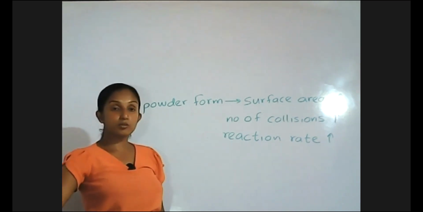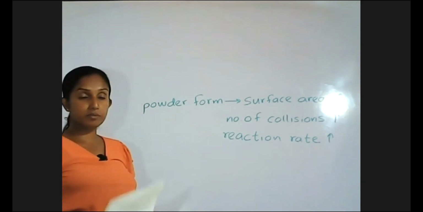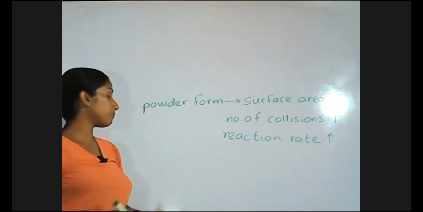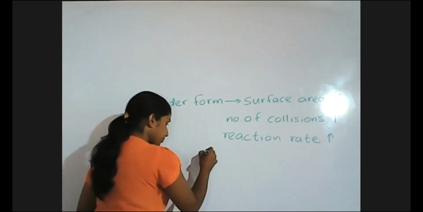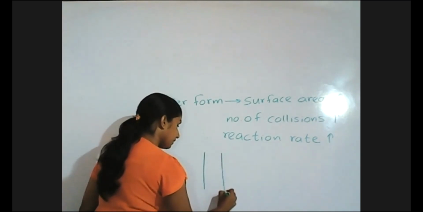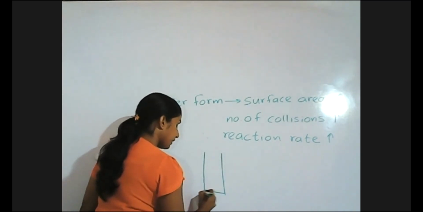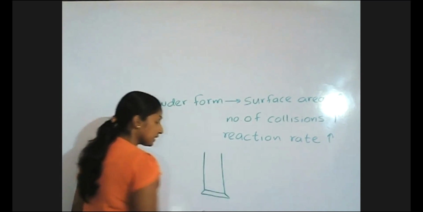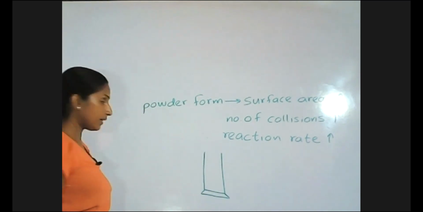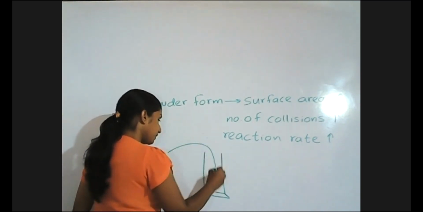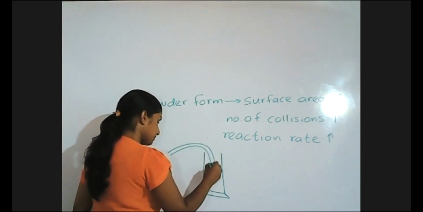We can use upward displacement of air. There we use the gas jar in this way. Because carbon dioxide is denser than the normal air, we put the delivery tube in this way into the gas jar.